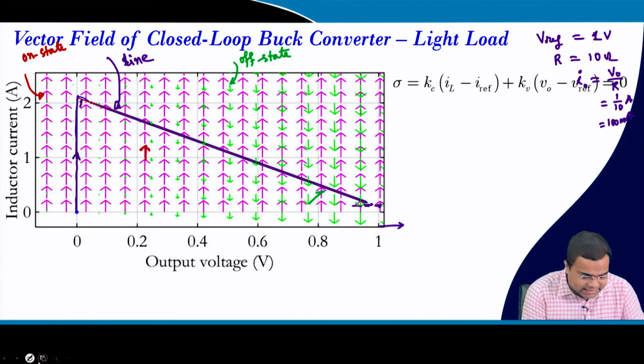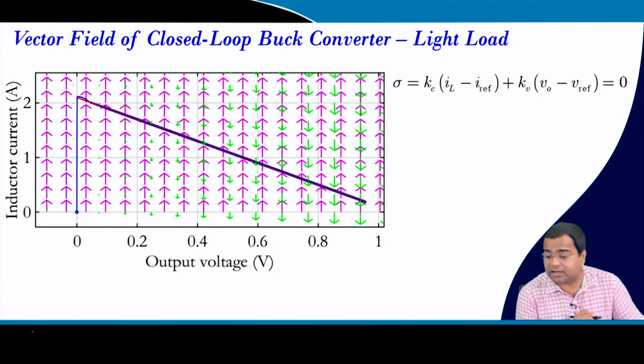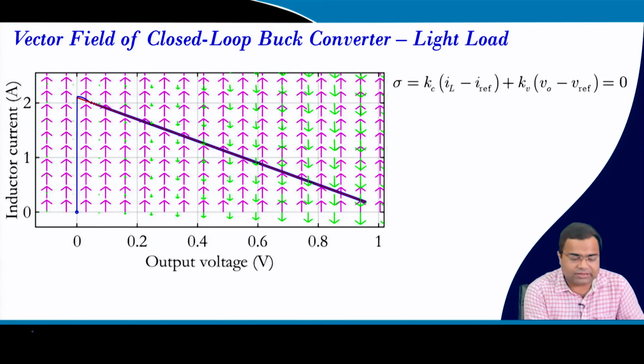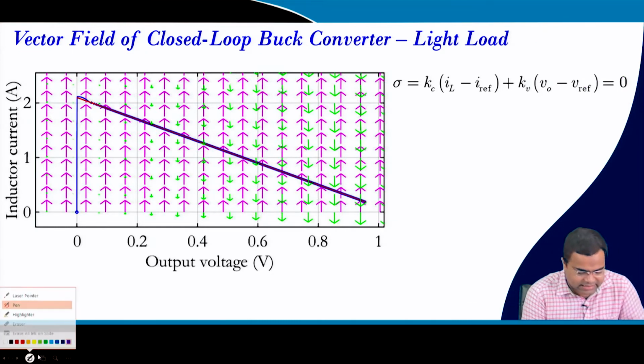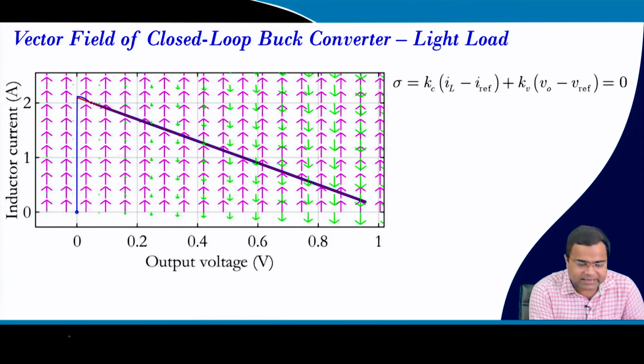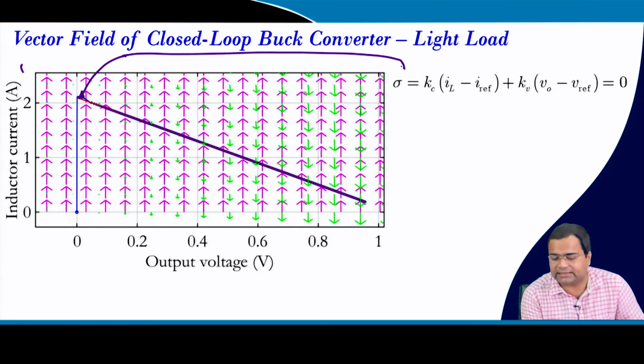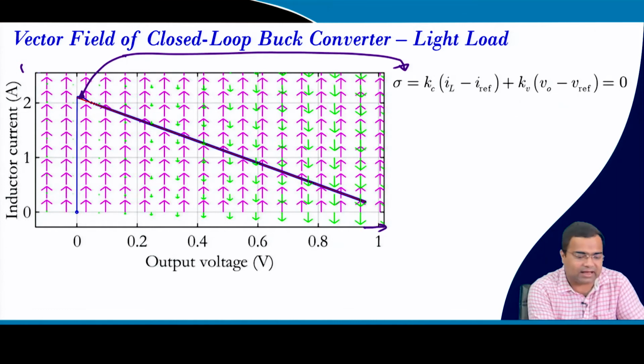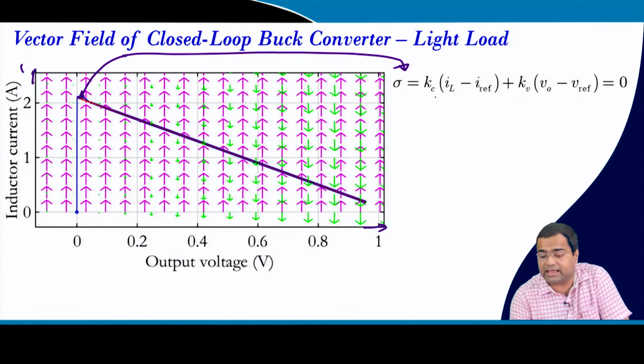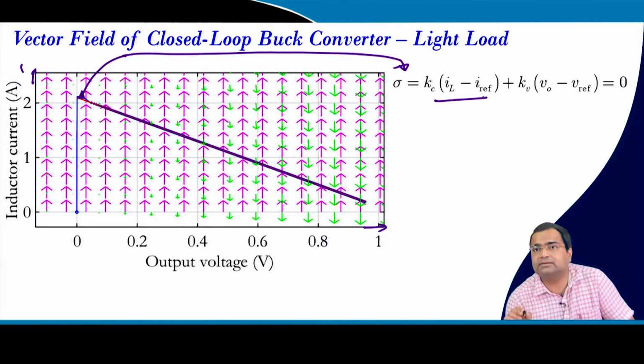So, we are placing something called a surface. This red one, what we are indicating here is basically a surface, a red color, which is a straight line, where this is the voltage axis and this is the current axis. So, some gain into current, and a reference current is the desired current.